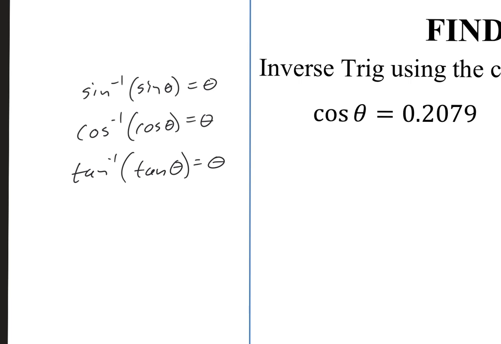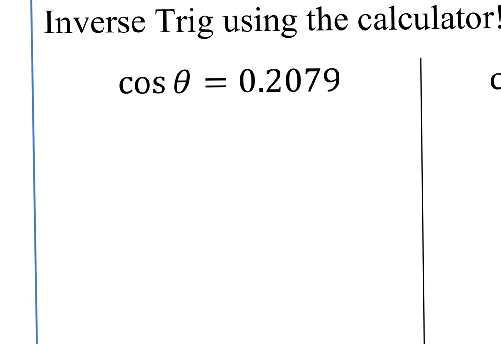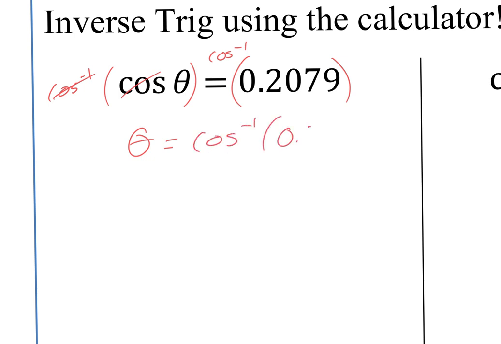So all that to say, we're going to use these inverse functions to solve. What would that look like? Well, you don't actually have to do this part, but I want you to mentally think that you're doing this. You're going to take the inverse cosine of both sides. These will cancel each other out, and then you're going to have theta equals the inverse cosine of 0.2079. Well, that's no big deal.